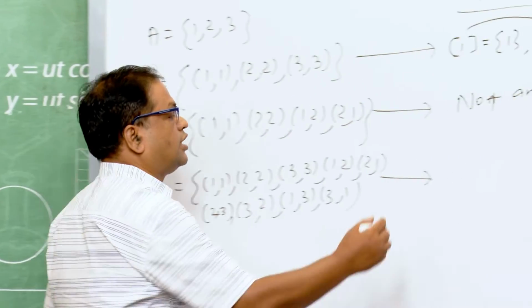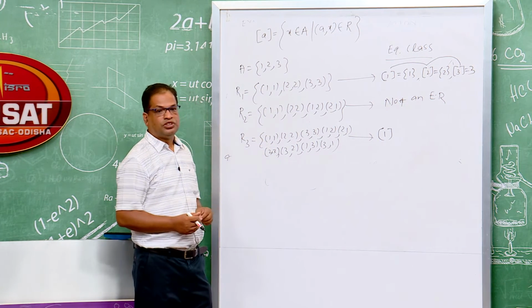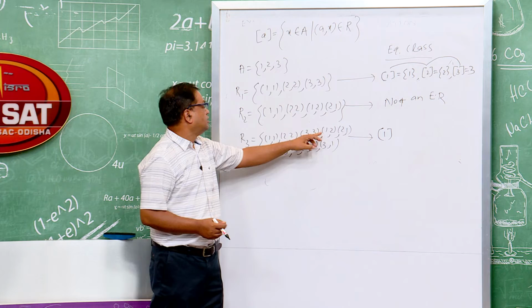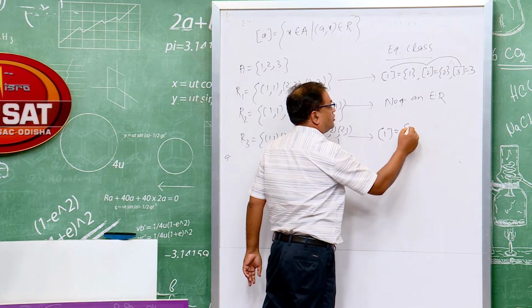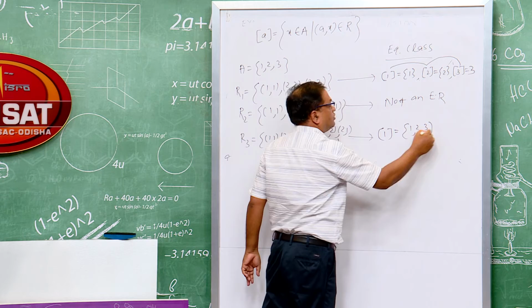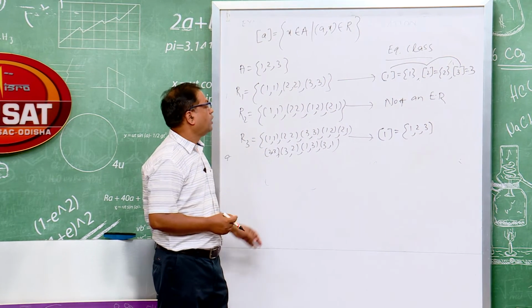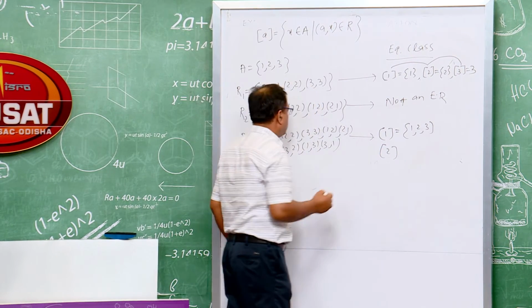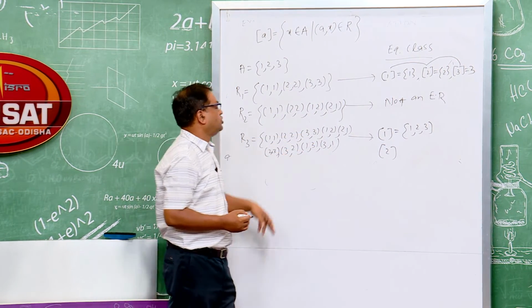So, what is the equivalence class of 1? The equivalence class of 1 means the elements which are related to 1. 1 is related to 1, 1 is related to 2, also 1 is related to 3. Again, the equivalence class of 2: 2 is related to 1, 2 is related to 2, 2 is related to 3.